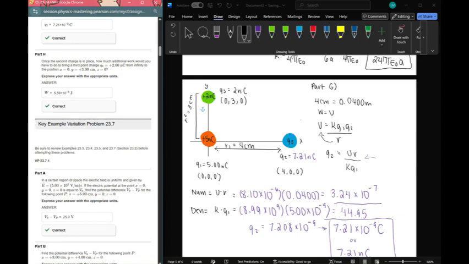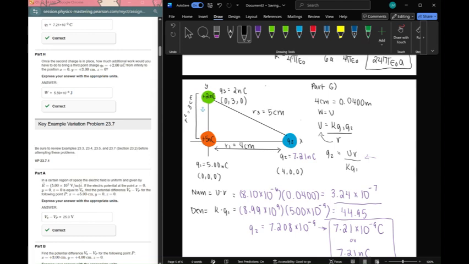So now, if you notice, this is 4 by 3, so R3, the third distance, is definitely gonna be 5 centimeters.